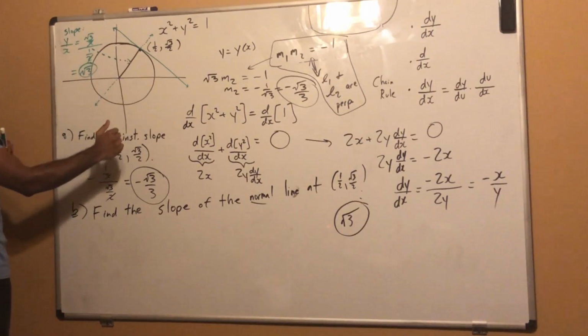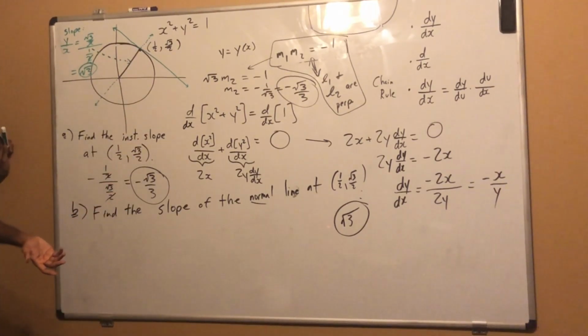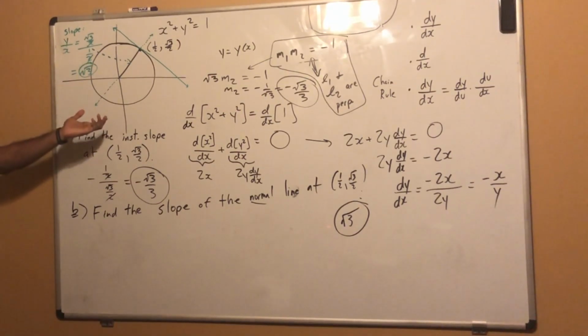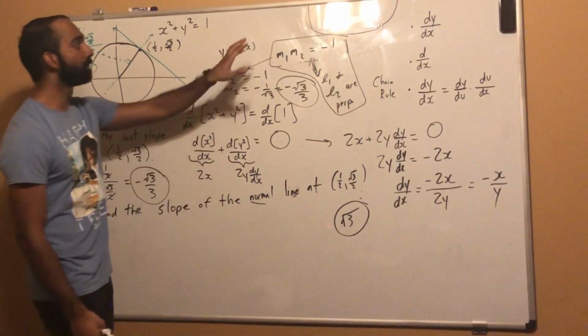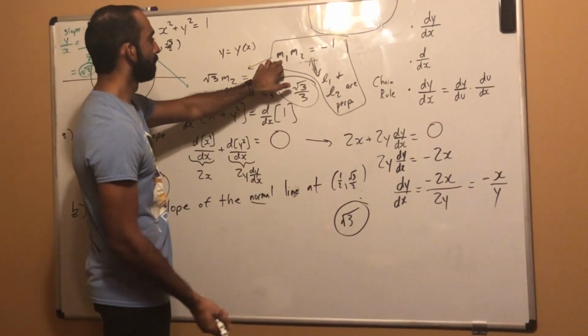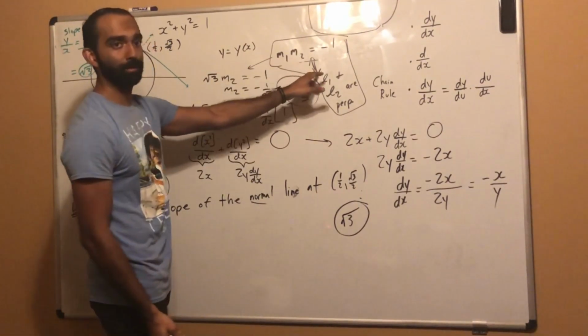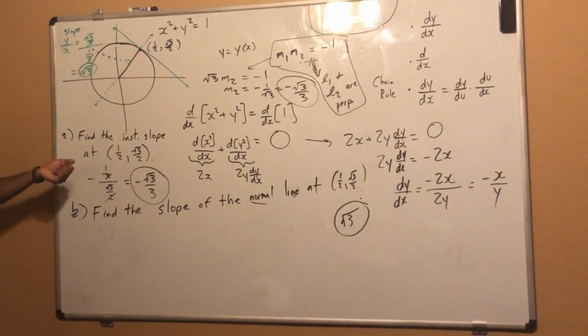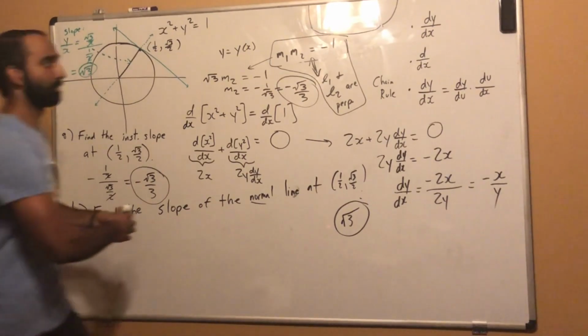I can only do this because the circle is a very nice shape. If you have something weird, then this is not the starting point, it is the ending point. First step is to use calculus to find m1, and then use geometry to find m2. All right. We all good?